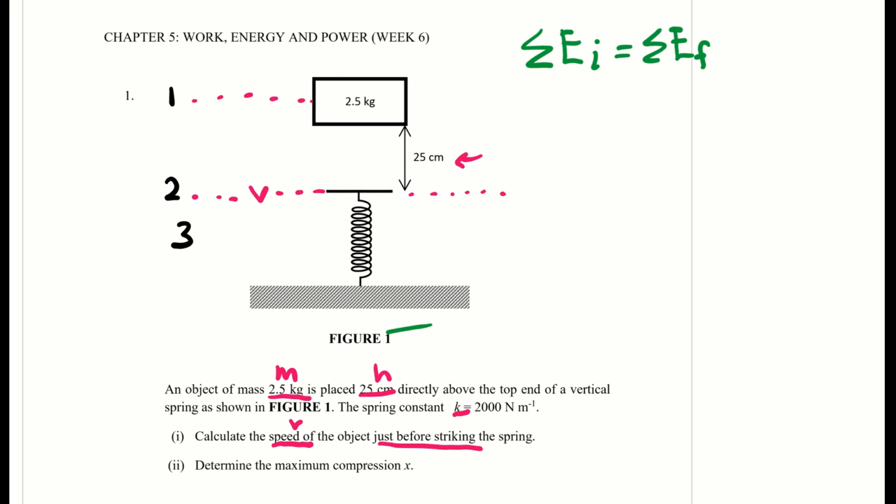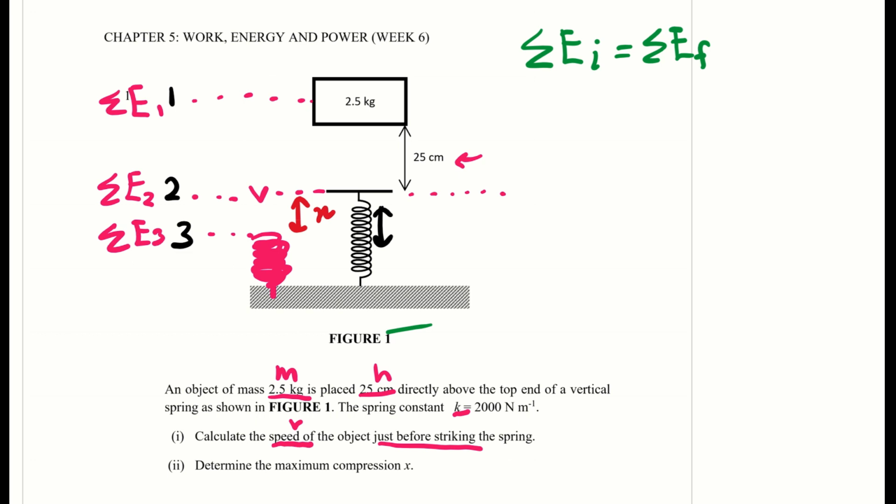Position 3 is when this block strikes the spring, and then the spring will be compressed. So at position 1 we have summation of E1, position 2 summation of E2, and position 3 summation of E3. Position 3 is when your spring is being compressed.